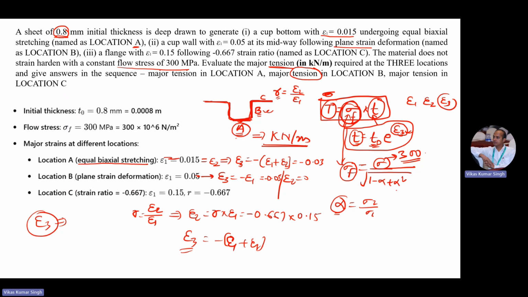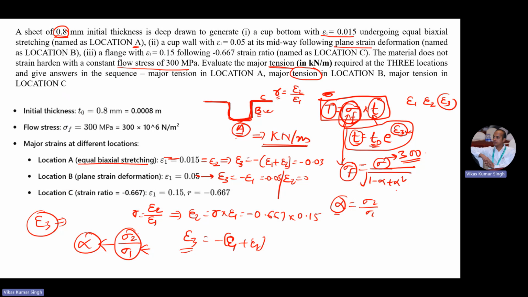Now at each location, we have to find sigma f, and to get sigma f, we need alpha. And alpha is nothing but your stress ratio, sigma 2 by sigma 1. This is the stress ratio. How to get this value is the question now. To get this value, we have to follow this formula.